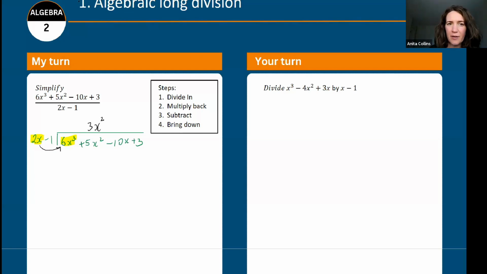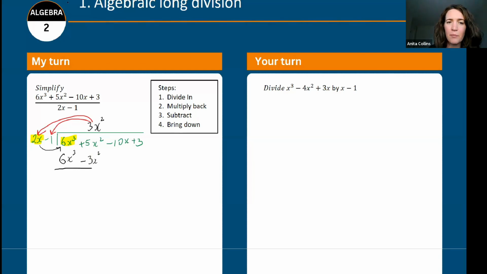Step one, divide in. Step two, multiply back. Now, we only divided in the first, but we multiply back by both. So multiply back. 3x squared times 2x gives 6x cubed. 3x squared times -1 gives minus 3x squared.